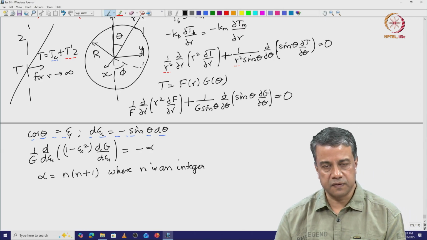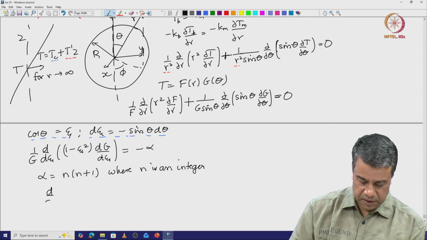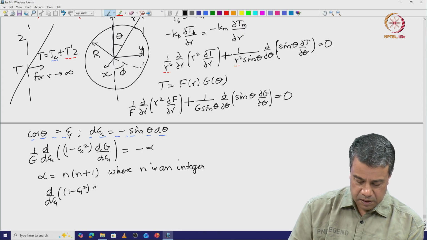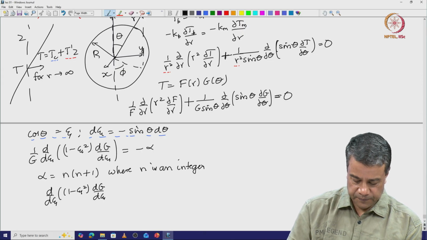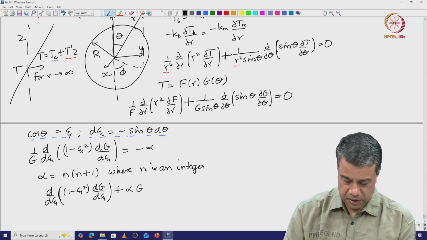The solution of this equation, you multiply throughout, so you will get d by d psi of (1 minus psi square) dg by d psi plus alpha g is equal to 0.